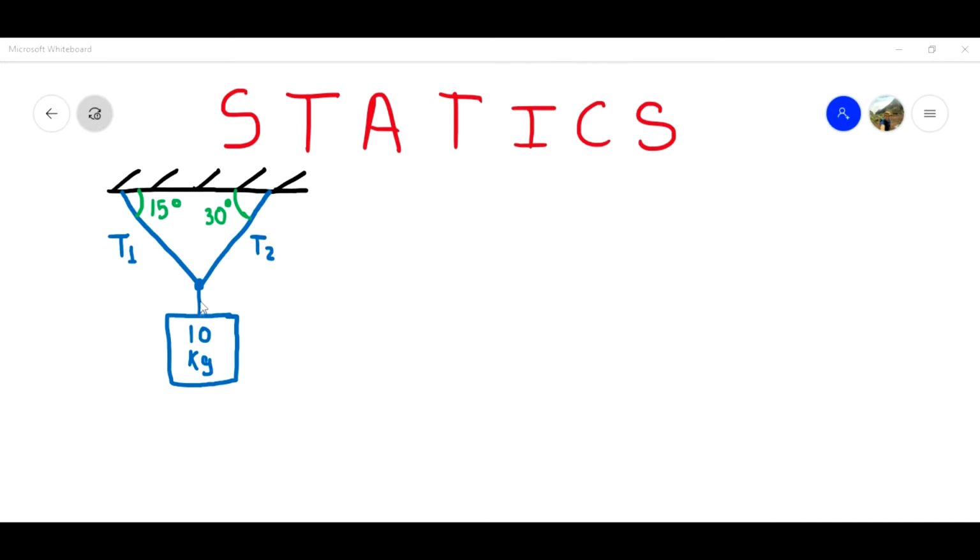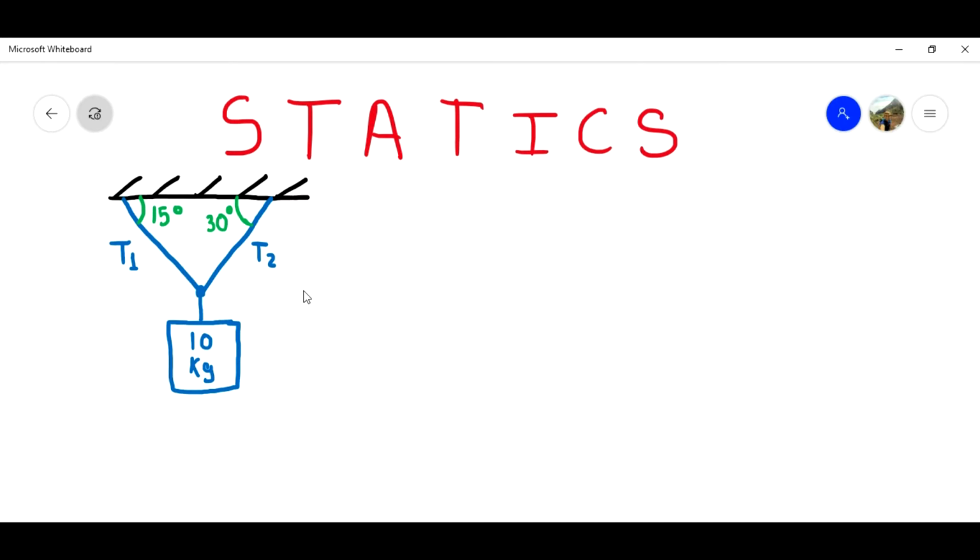If you see, I have this little wire over here, but that is going to be neglected, because the wires that produce the force to hold this block are tension 1 and tension 2. One important thing about statics is that the object is not going to move.